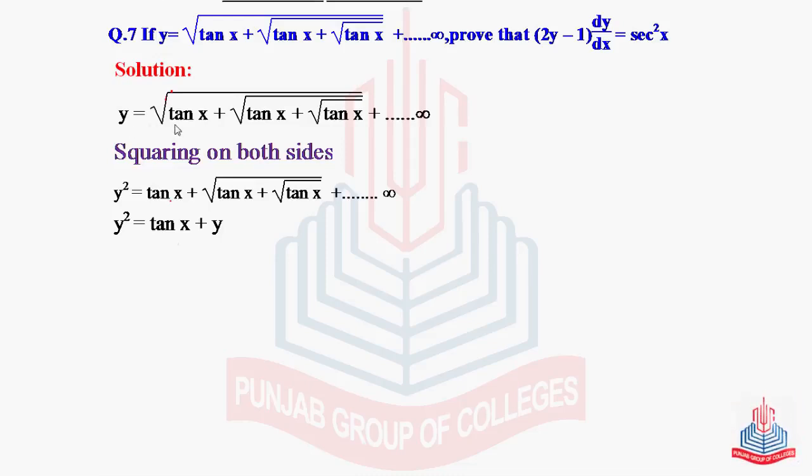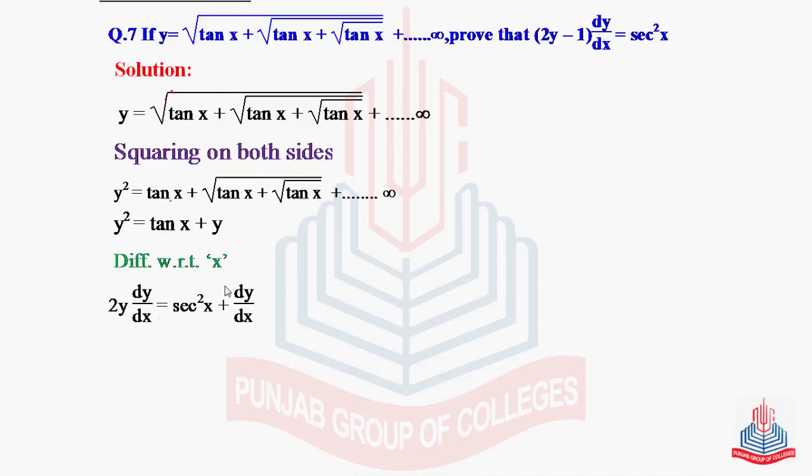Now we apply differentiation, differentiating with respect to x. The left-hand side, by the power rule, will be 2y dy/dx, equal to the derivative of tan x, which is sec² x, plus the derivative of y, which will be dy/dx.